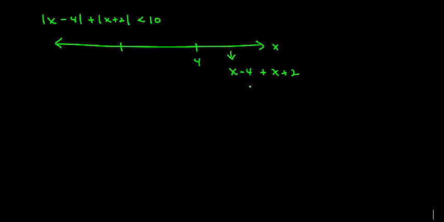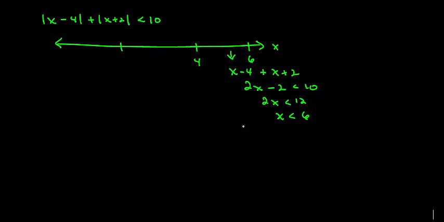I'm going to get 2x minus 2. Now we need this guy to be less than 10, so let's solve this. So 2x is less than 12, or x has to be strictly less than 6.